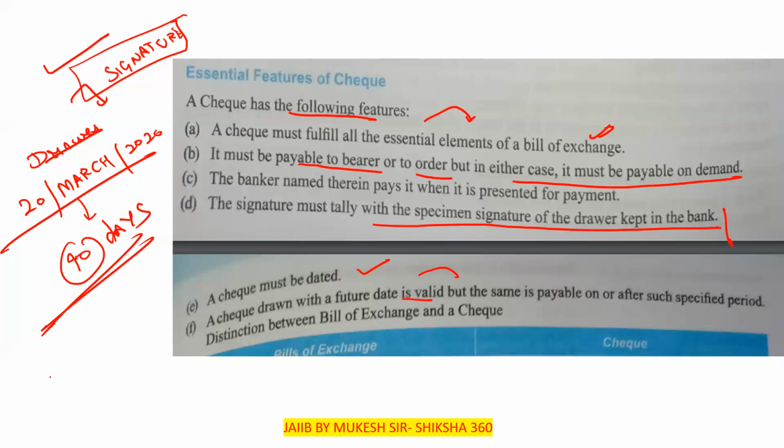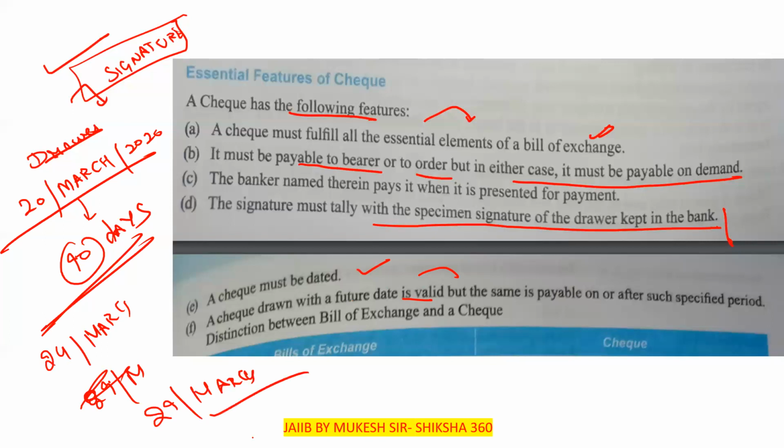For example, if today is 24th March and the check has the date 29 March, that check is also valid, but only on or after 29th March.